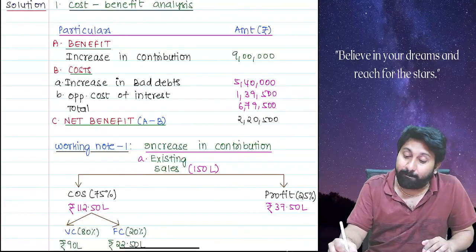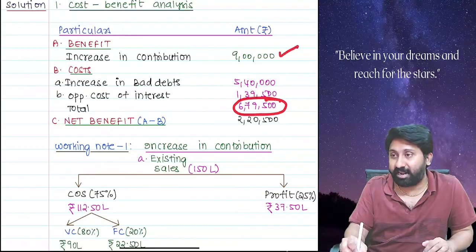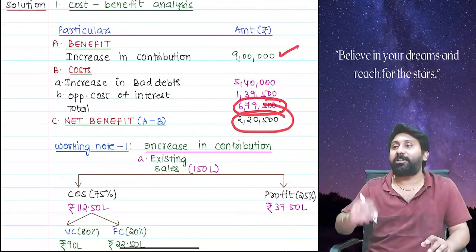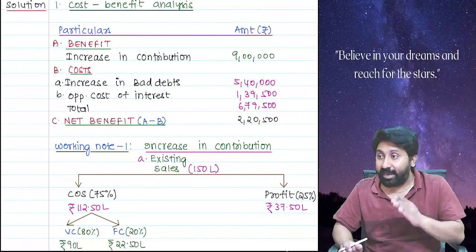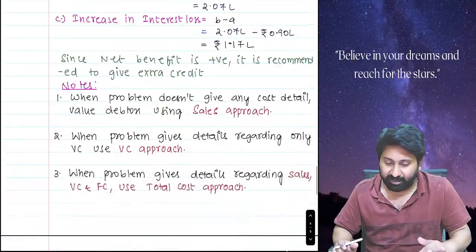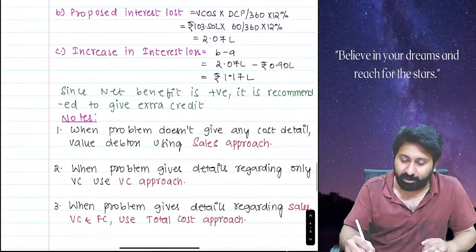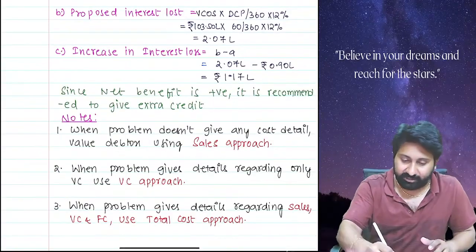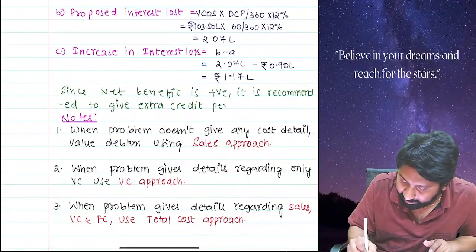We are getting a benefit of 9 lakh, incurring an additional cost of 6.79, net benefit of 2,20,500. Therefore, the final answer: since net benefit is positive, it is recommended to give the extra credit period.